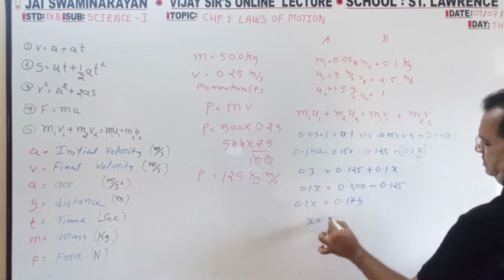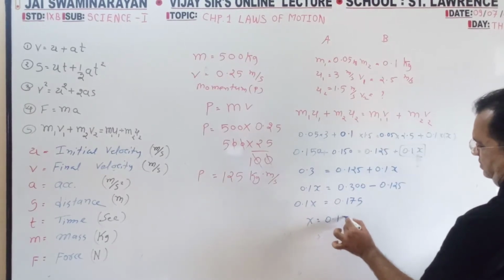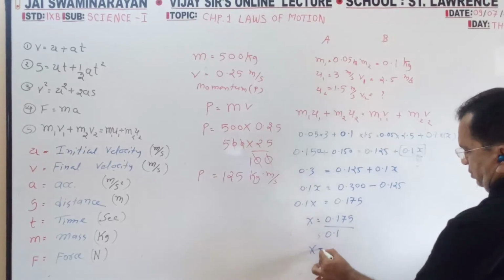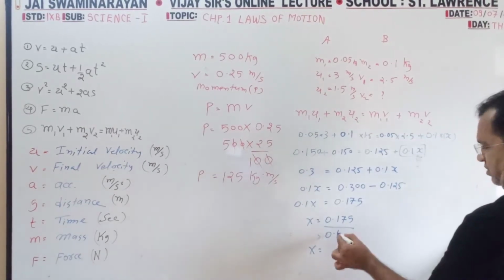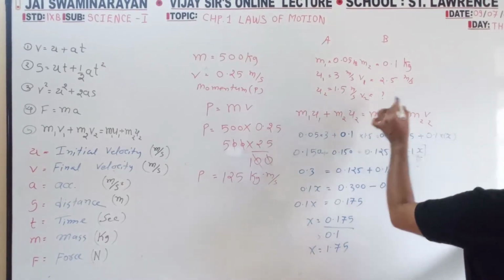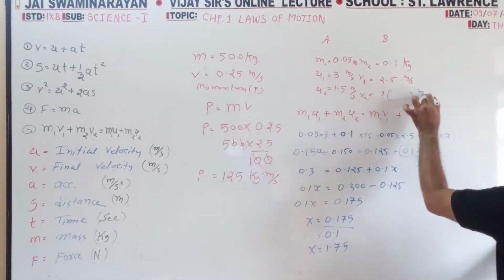So x is equal to 0.175 divided by 0.1. So final answer will be, one decimal will shift, so 1.75 meter per second.